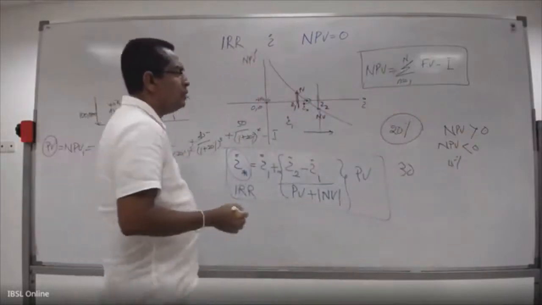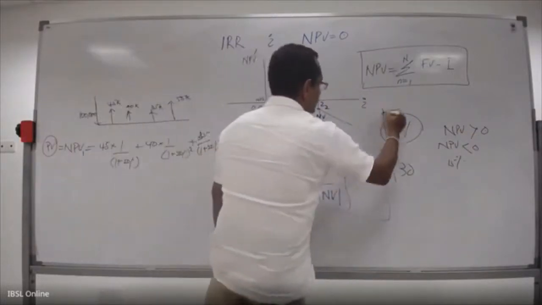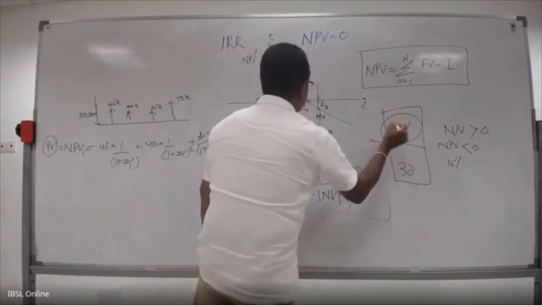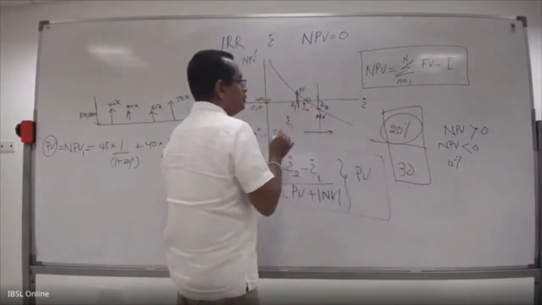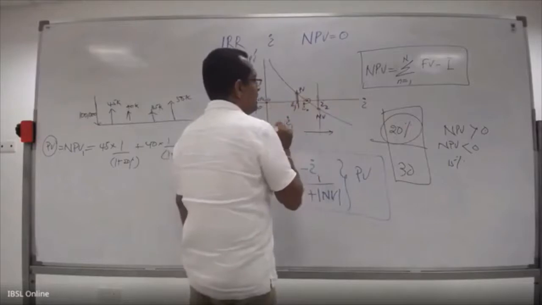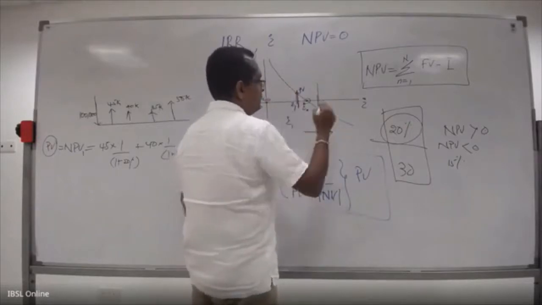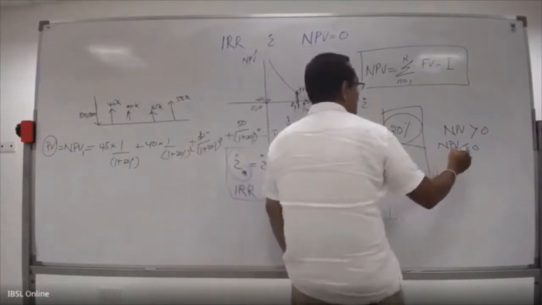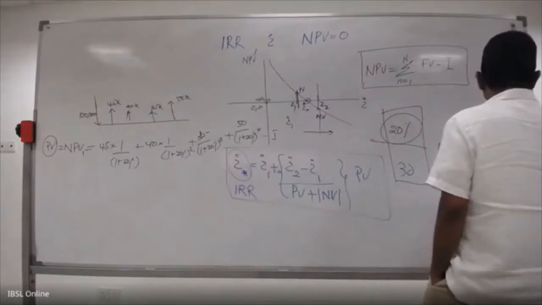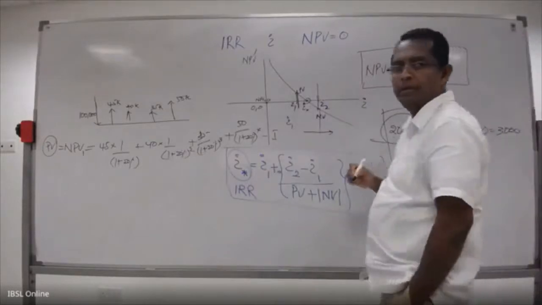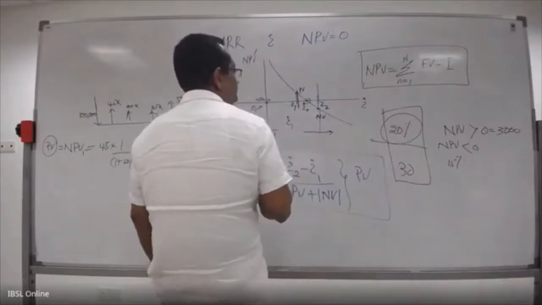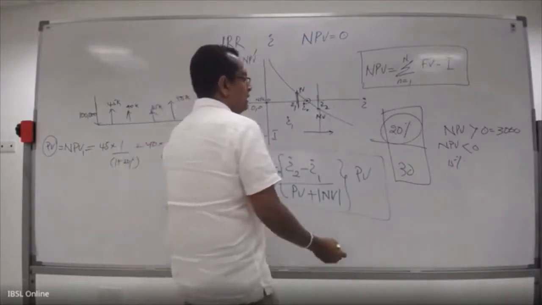So we'll take the first case. When you use 20, you got this one. So I1 is 20, NPV we say is 3,000. You use 30%.